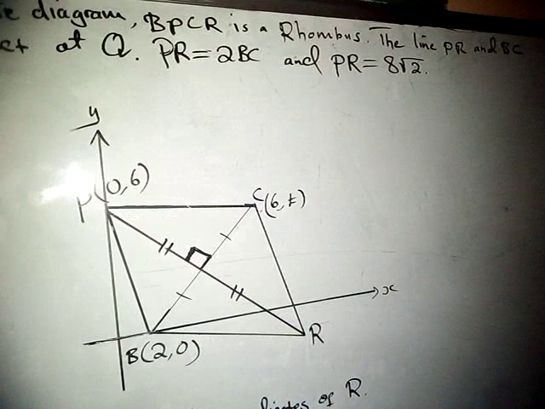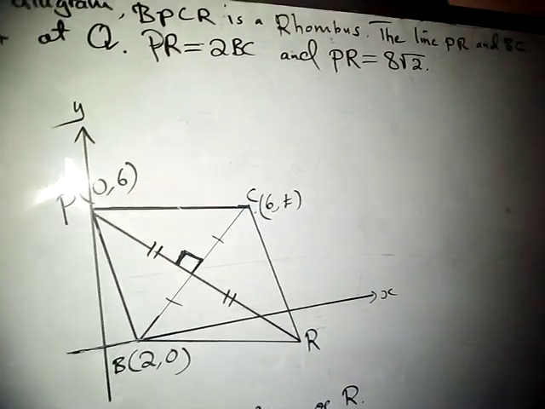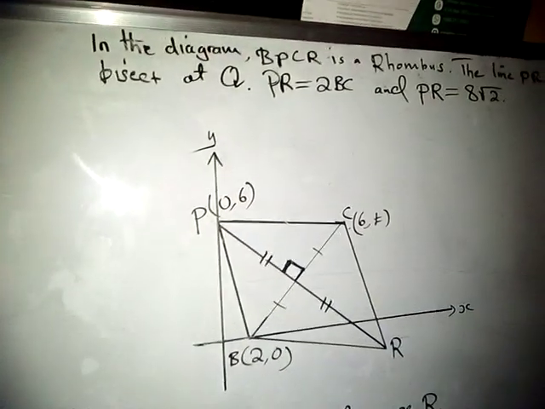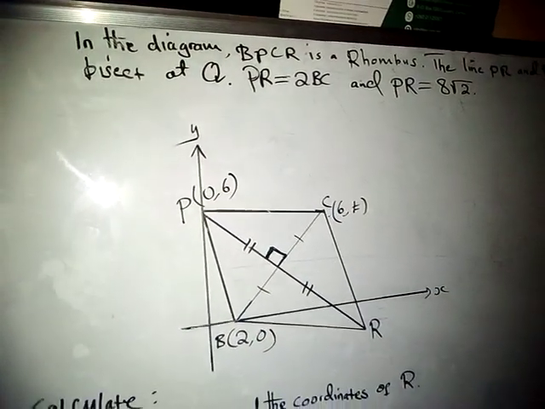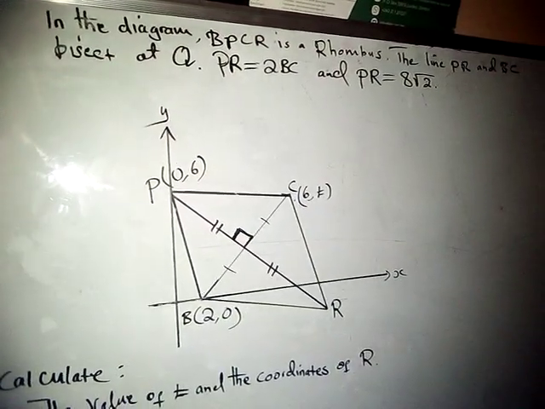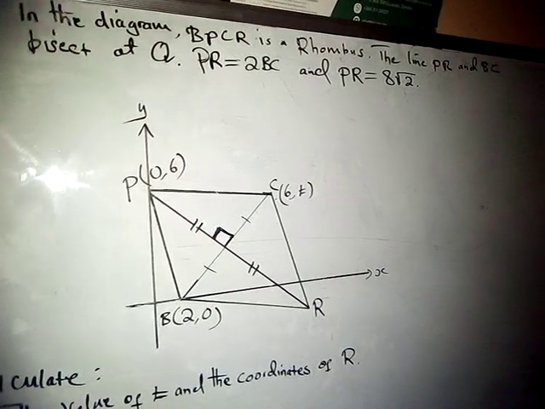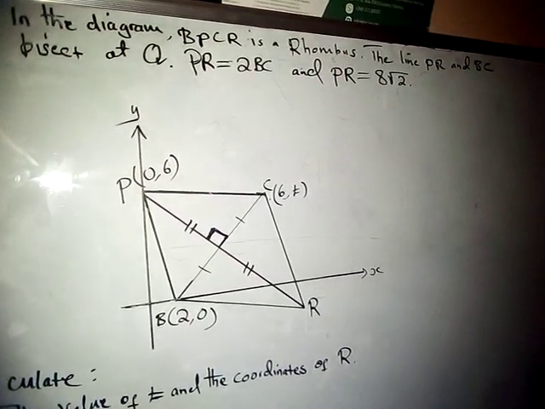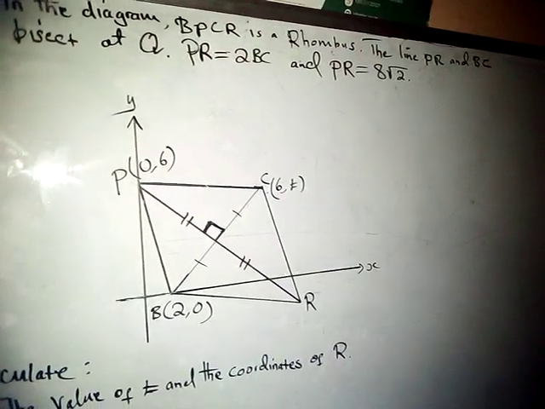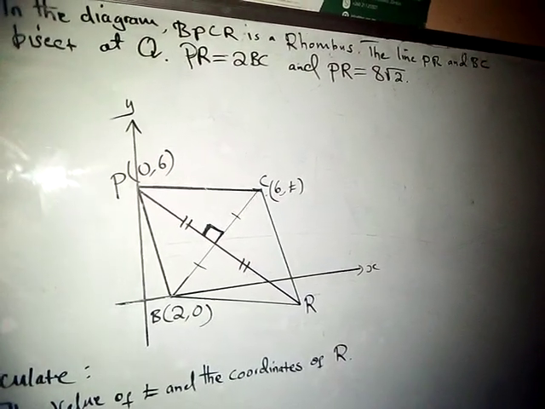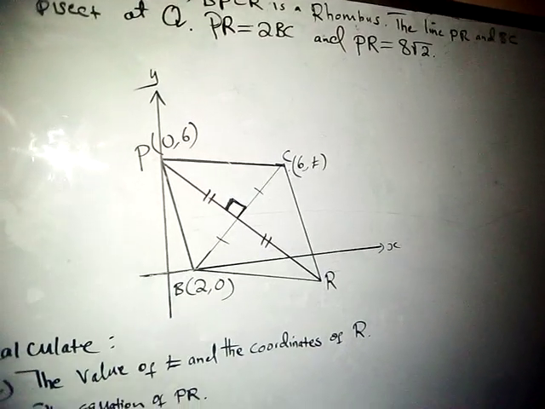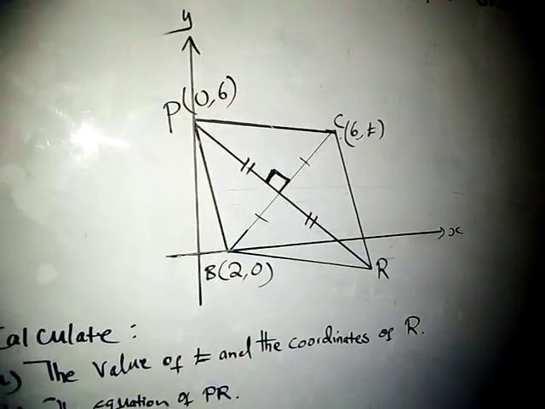The line PR and BC bisect at Q. The length of the line PR equals 2BC, and the length of PR equals 8 root 2. This is the rhombus you're seeing here.